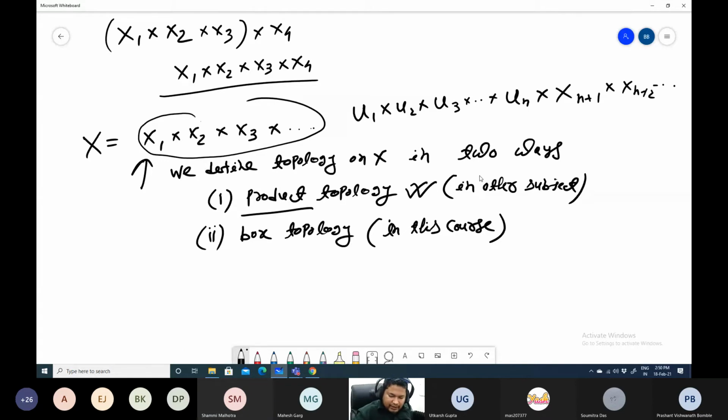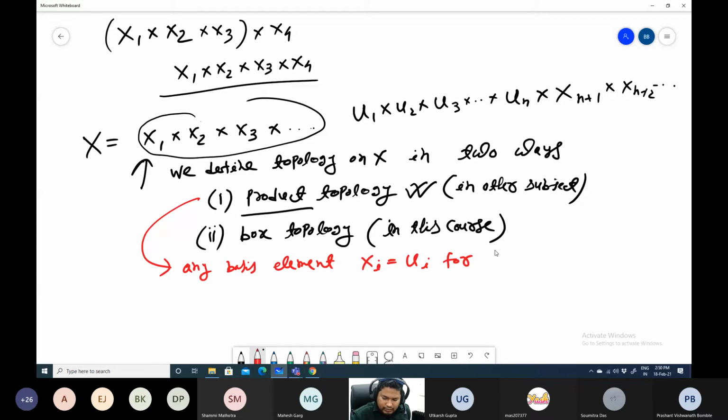So whenever you are talking about the product topology, any basis open set will be of the form: let U equal U1 cross U2 cross U3 in this way.